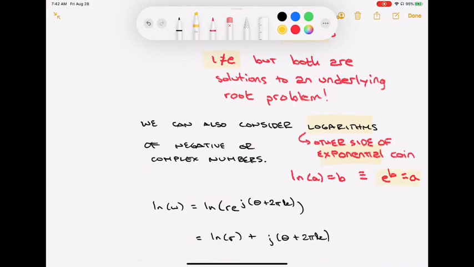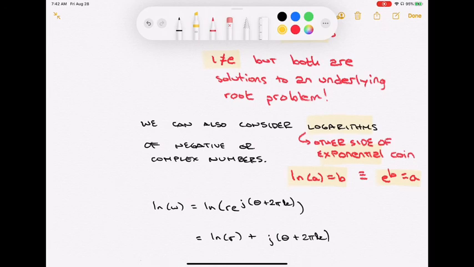Most students are pretty okay with that: a equals something raised to another power. Logarithms are just another expression for that. This e to the b equaling a is 100% equivalent in information to the natural log of a equaling b. I use natural log here because the base of my exponent was e. These are the same problem.